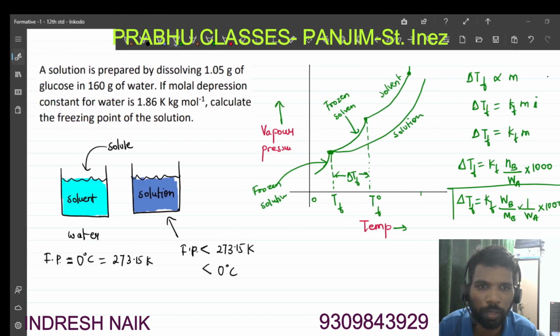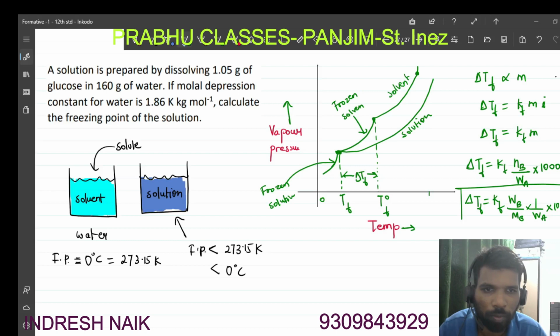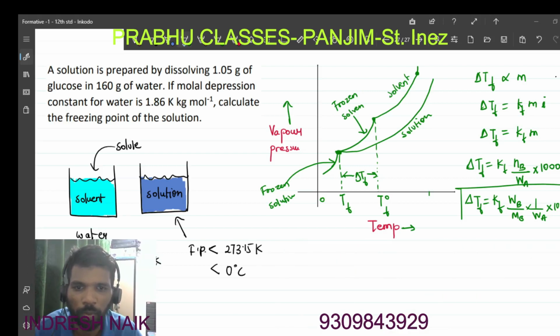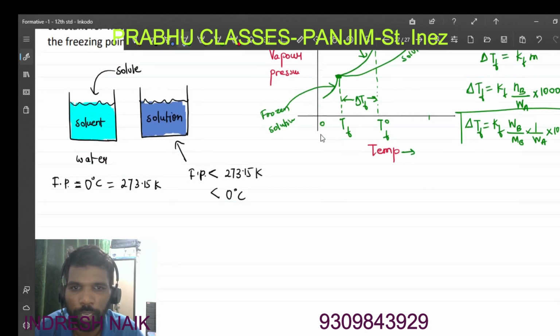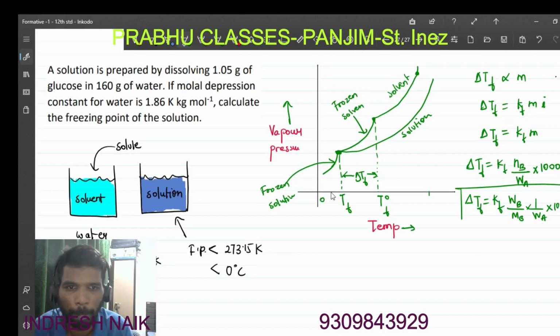So WB is the given weight of the solute. Let's calculate delta Tf. Kf is given to be 1.86.